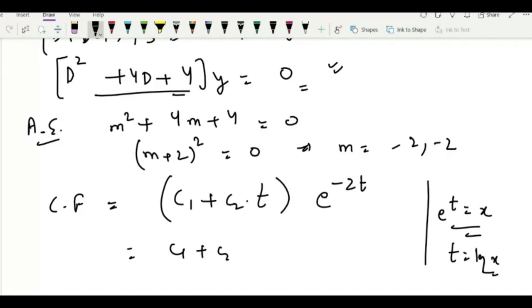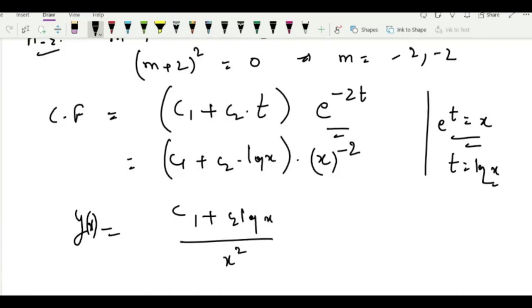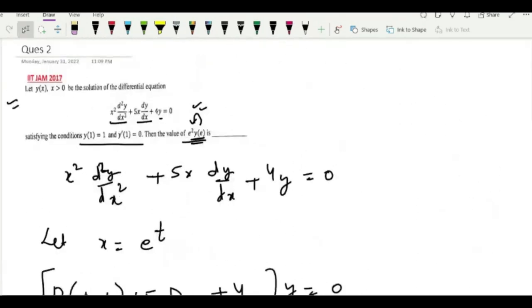So (C1 plus C2 log x) into e raised to power t, which is x, whole to the power minus 2. So here we get the complete solution, as this is a homogeneous equation: (C1 plus C2 log x) upon x square.